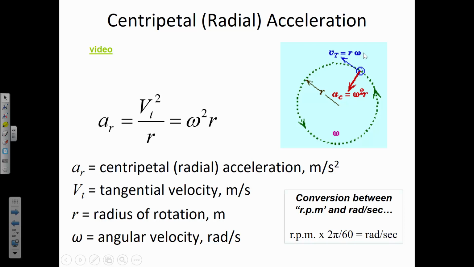So if you want to convert between RPM, which is usually what you'll be given, and radians per second, which is what we need for these radial acceleration problems, you multiply by 2 pi to get from revolutions to radians, and then divide by 60 to go from minutes to seconds. This is a conversion that you should commit to memory. I don't think that conversion is specifically listed on the equation sheet that you'll get for the second exam, but you could just redevelop it even if you don't have it memorized, knowing that there are 2 pi radians in a revolution.